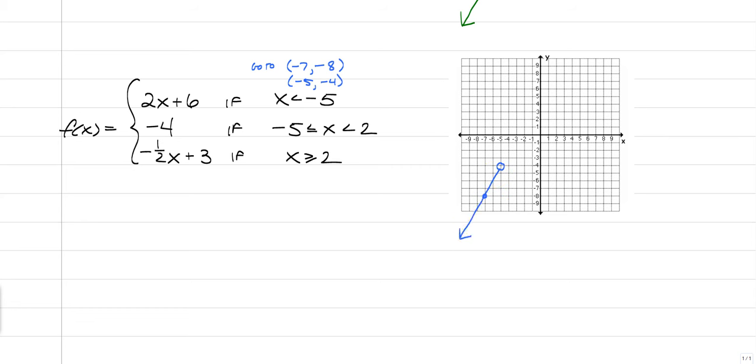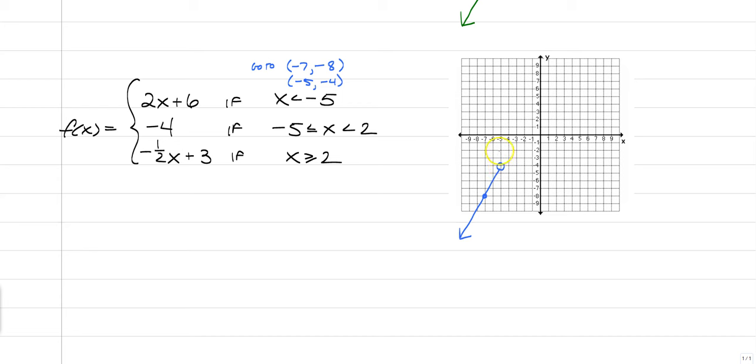So we're just going to draw a line through it and put an arrow. Now again, if we were to go back and check 2x plus 6, that's our 2x is our slope, so 2 would be up 2 over 1, up 2 over 1. So you can see that the slope is still consistent.